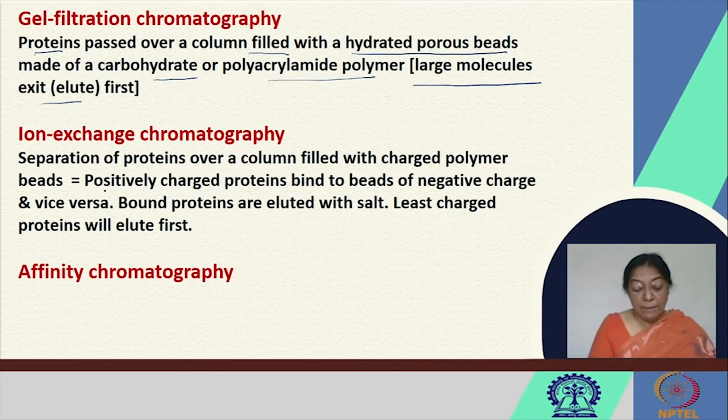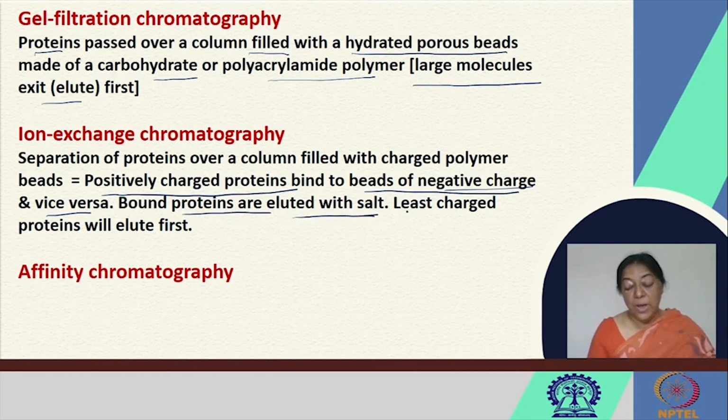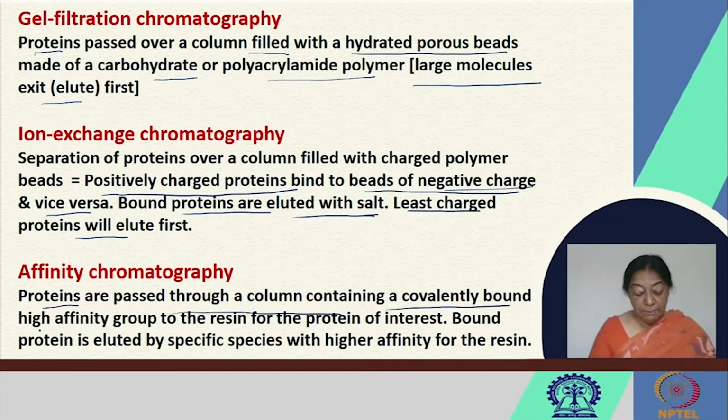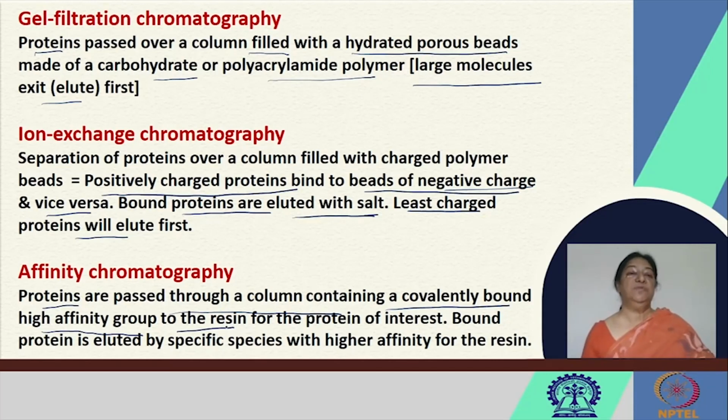So what is going to happen? The positively charged proteins will bind to beads of negative charge and vice versa. And the bound proteins will be eluted with salt, where the least charged proteins will elute first. In affinity chromatography, the proteins are passed through a column containing a covalently bound high affinity group on the resin for the specific protein of interest.